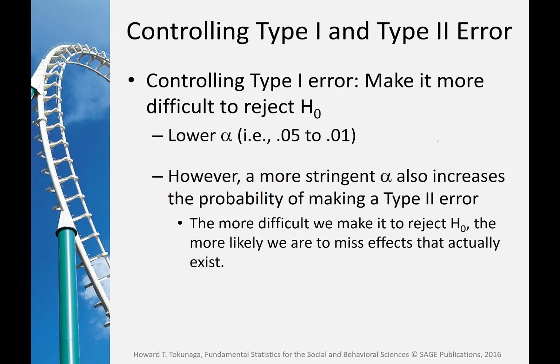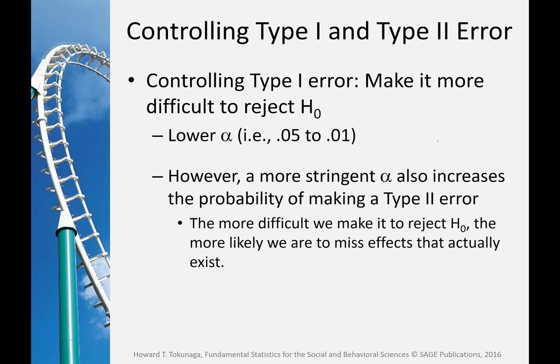The only problem is that if we think about it, if we decrease type 1 error, we might actually accidentally increase the probability of making a type 2 error. By a little bit.